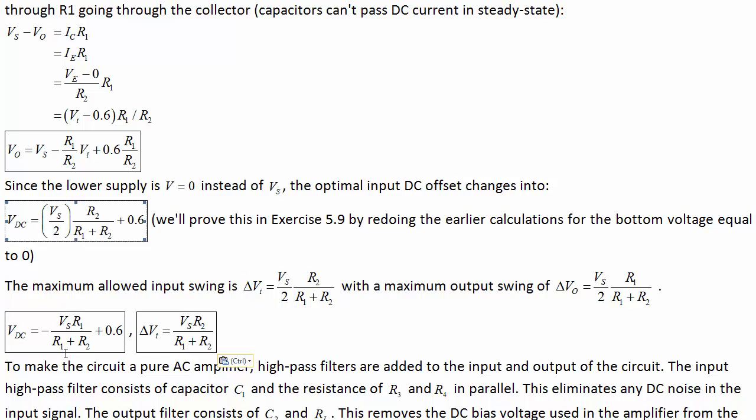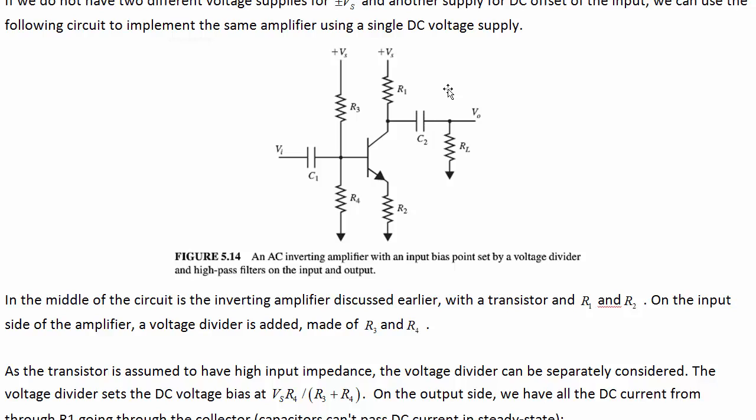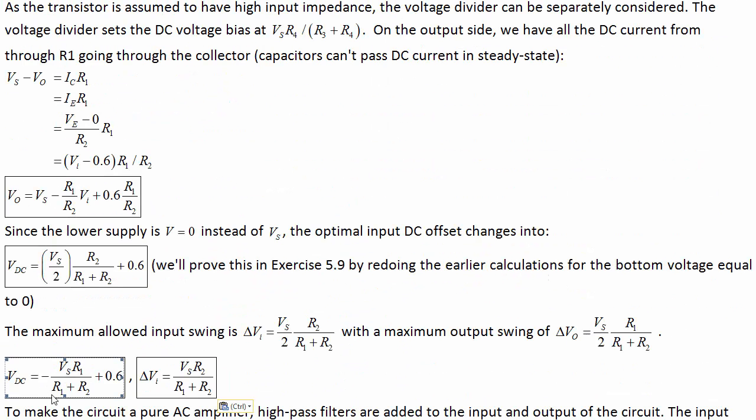The optimum DC bias point is a little bit more complicated than that. This interestingly works out to give us a negative sign in there in terms of our optimum DC bias point, and is based on different resistors. So when we had the bottom voltage at negative VS, then the optimum DC bias point turns out to be close to a very negative value.